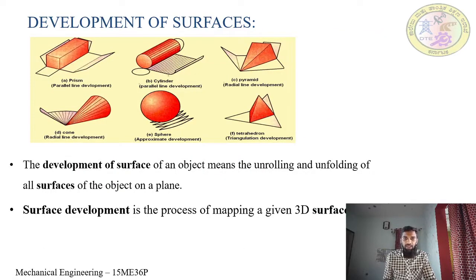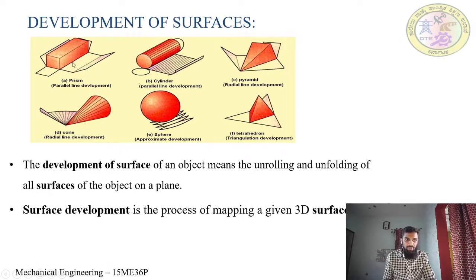See, development of surfaces. Development of surface is nothing but unfolding or unrolling of the surfaces on the plane. If you are looking on the screen, see, this is a prism where 4 vertical rectangular faces are there.